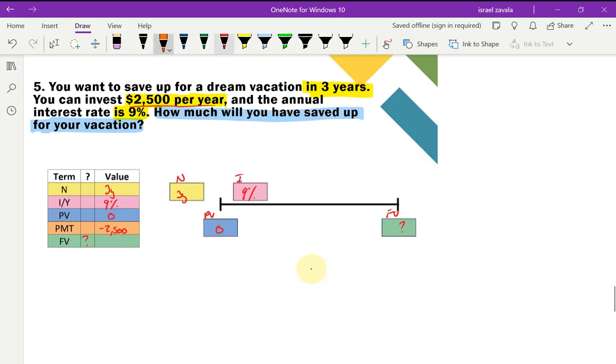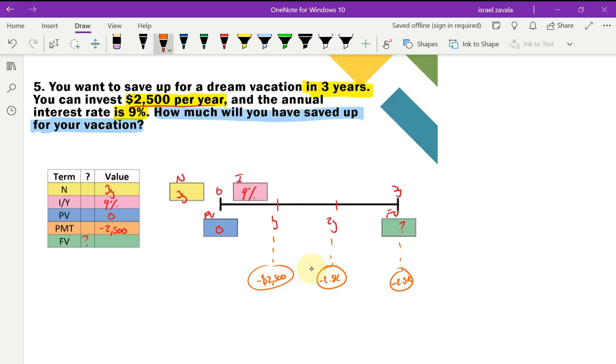So 0, 3 years, first year, second year, and then my payments. So my payment is negative 2,500, and then the same here, and then the same here. Negative 2.5K, negative 2.5K. Okay, I wrote them in because there's only 3 years, so it's simple.